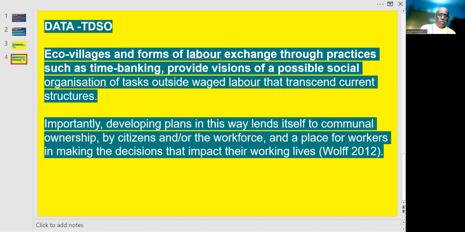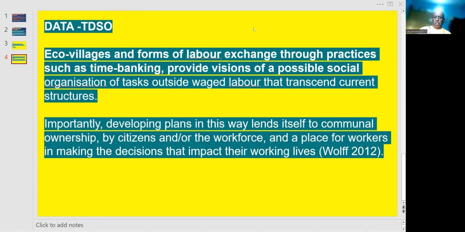So the eco villages and forms of labor exchange through practices such as time banking provide visions of possible social organizations of tasks outside wage labor that transcend current structures. That's the way eco villages are formed and framed in our labor exchange. Labor we call local accessible bringing of utility regulations.